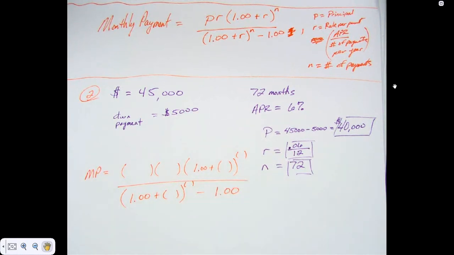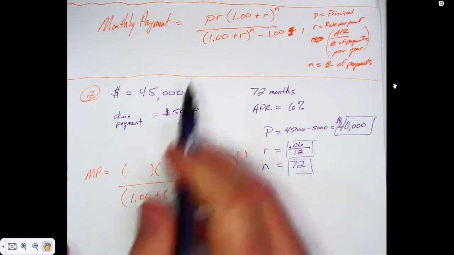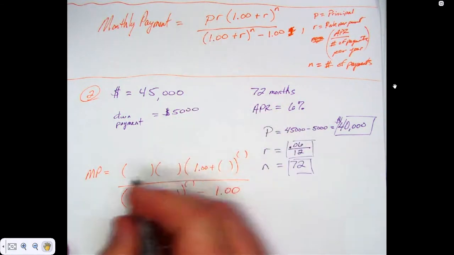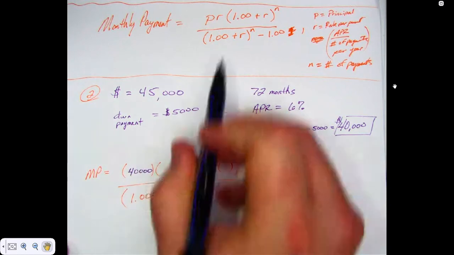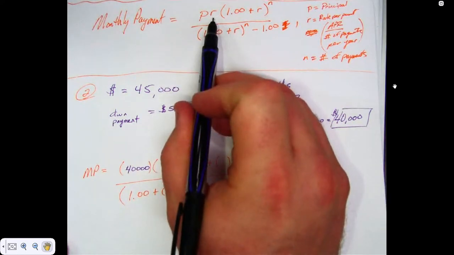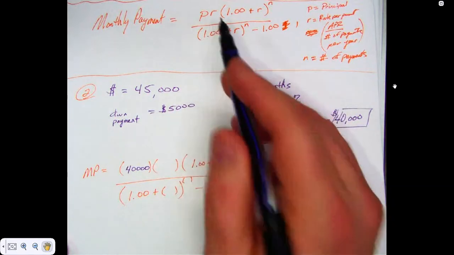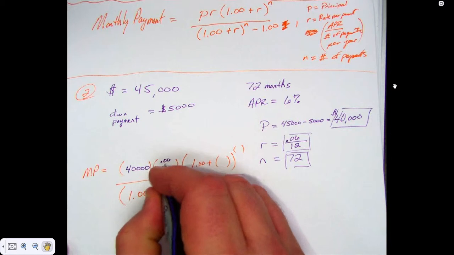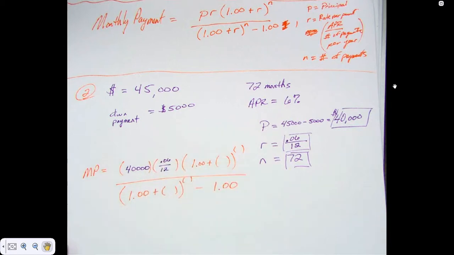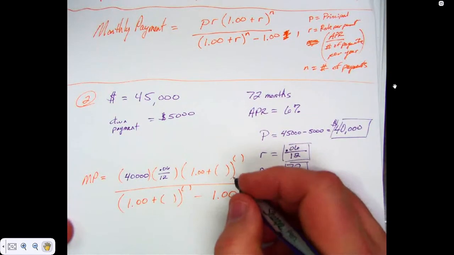Here goes P. Here goes R. Word of advice: put this in as 0.06 divided by 12. Don't round anything until the end, or you'll get some numbers off.